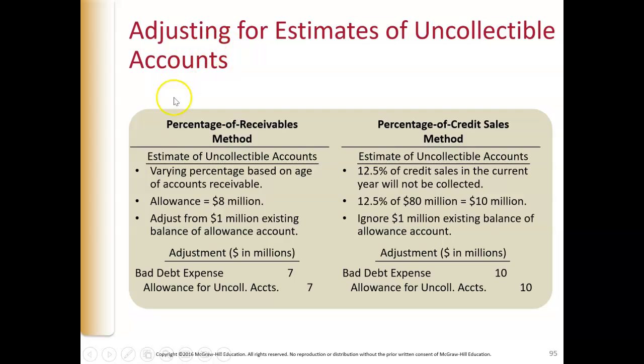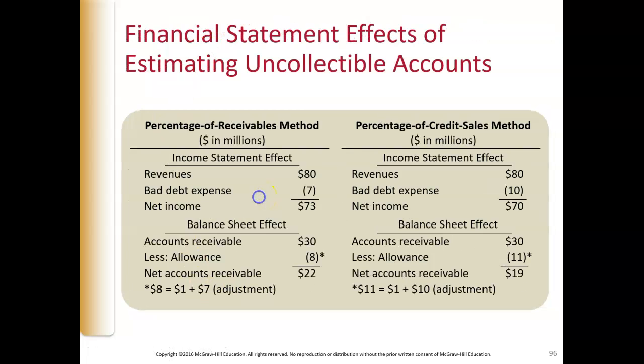Percentage of receivables method is more common. Okay. Under the credit sales method, you see here, we aren't interested in knowing what that allowance for uncollectibles is in the end. We're going to come up with different amounts here, but ultimately it's all going to end up being the same. Just a timing difference.